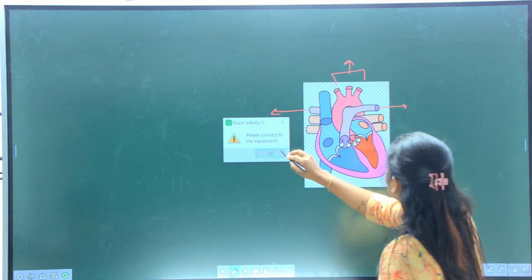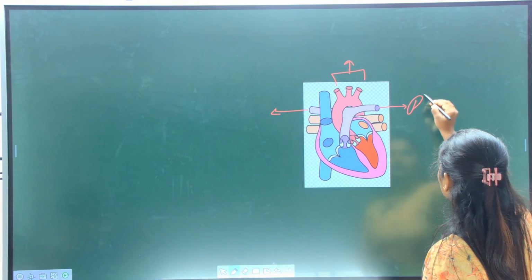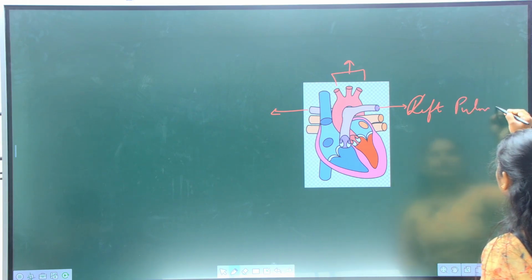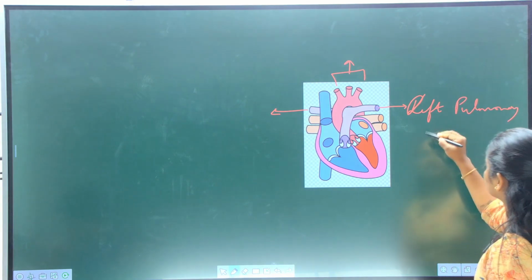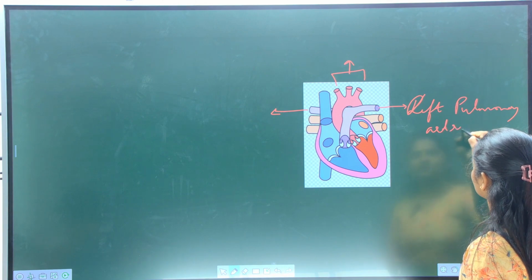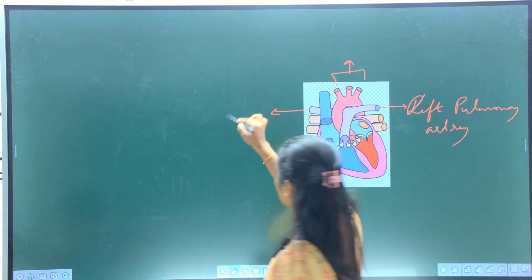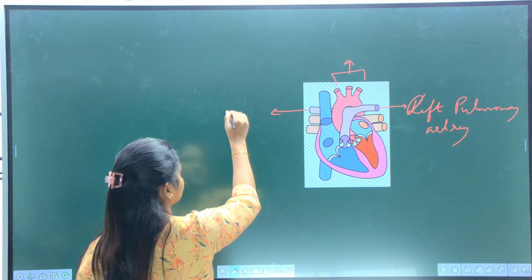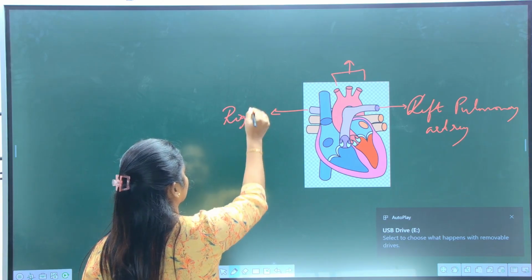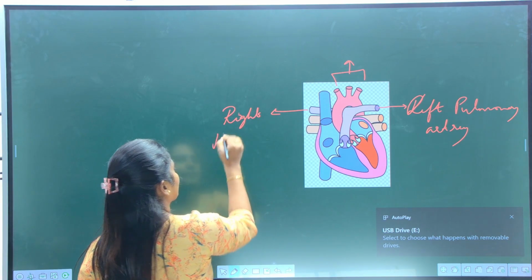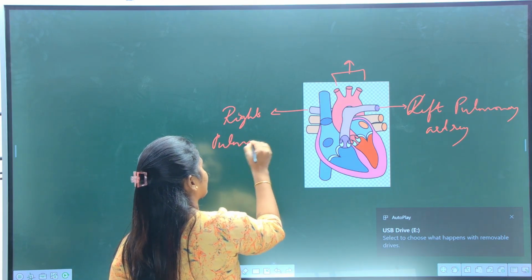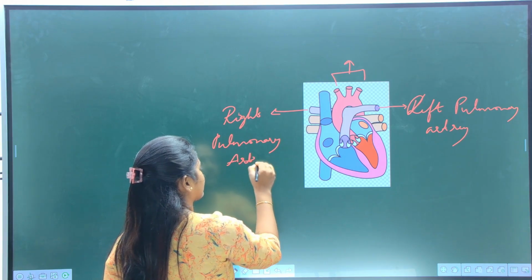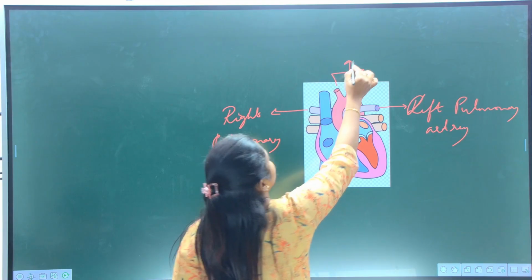Those are the left pulmonary artery and right pulmonary artery, and this is the aorta.